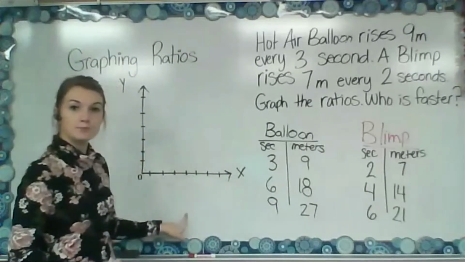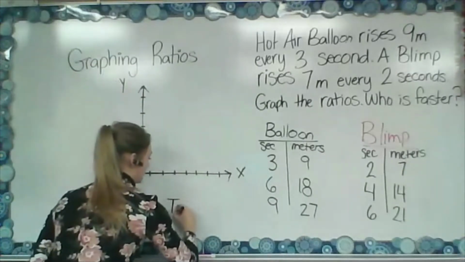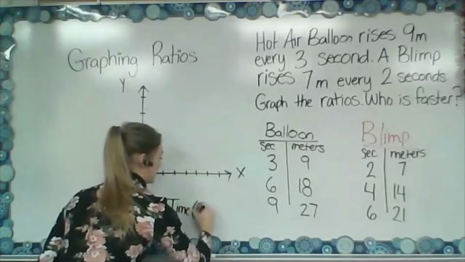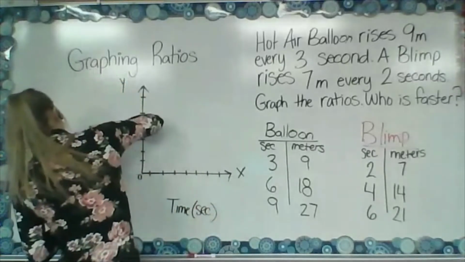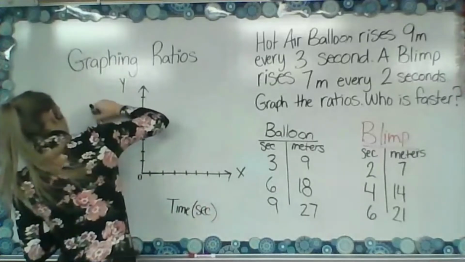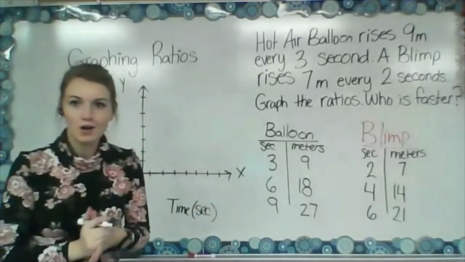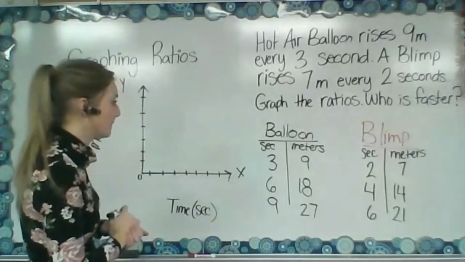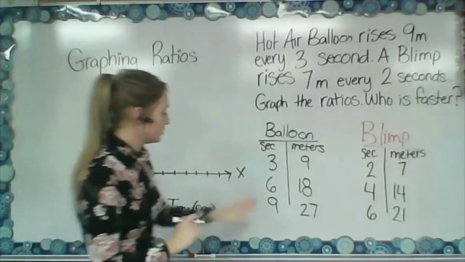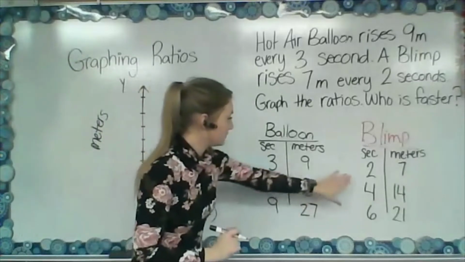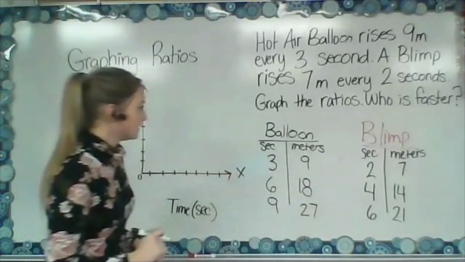First, we need to label. Down here we're talking about time, and that's going to be in seconds, right? And over here we're talking meters. Now, how to number my graph? Well, we're counting by 3s here and we're counting by 2s here.